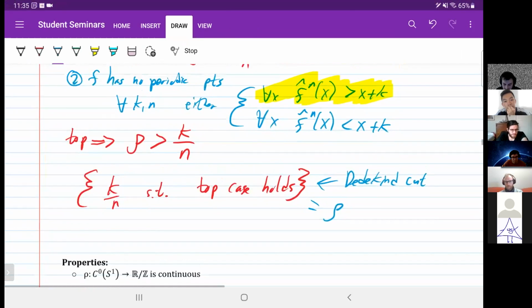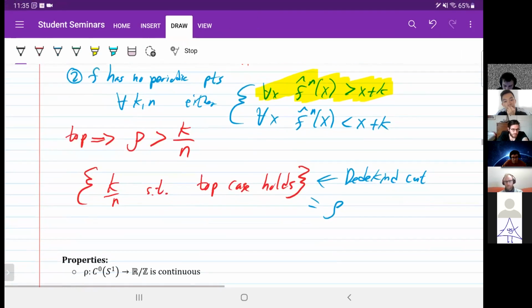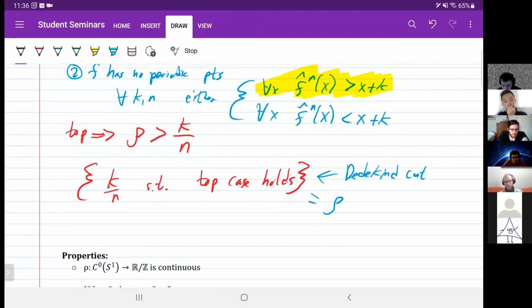Okay, so let me just mention a couple of other useful properties of this that sort of follow from the definition. So first, if I think about the rotation number as a map from circle maps to R mod Z, it's continuous. If I change the function only a little bit, the rotation number changes only a little bit. And this is somewhat clear from its being described as this limit.